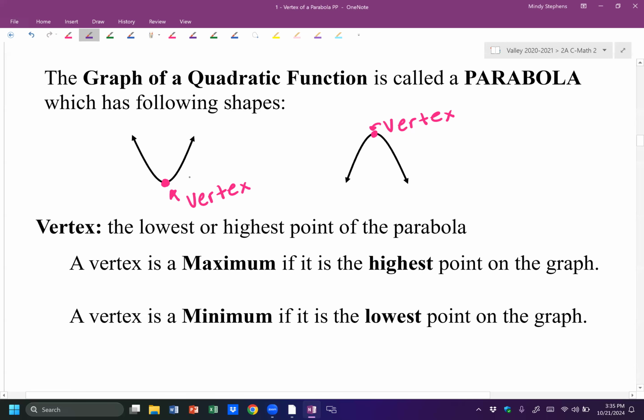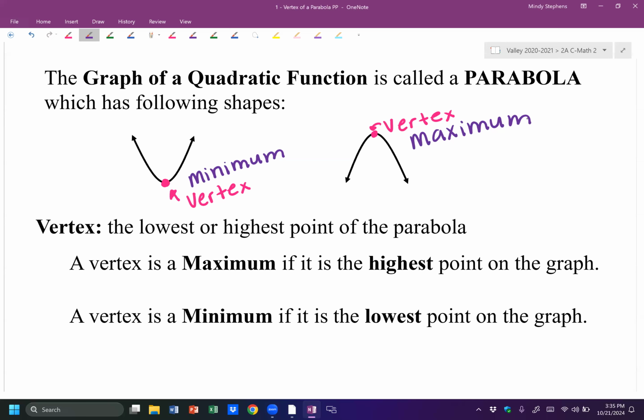So this first one is called a minimum. If it's a high point, at the top, up high, it's called a maximum. Write that in your notes. The minimum is the low point, the maximum is the high point. If you have a regular parabola with a U shape, it's going to be called a minimum.